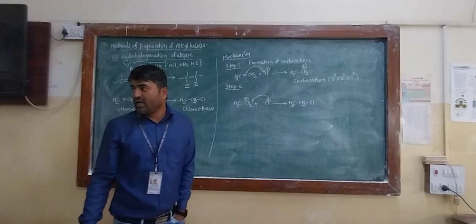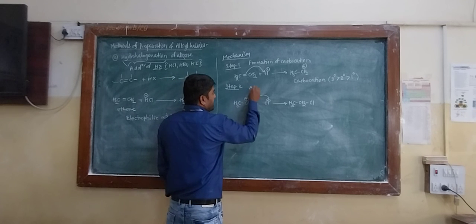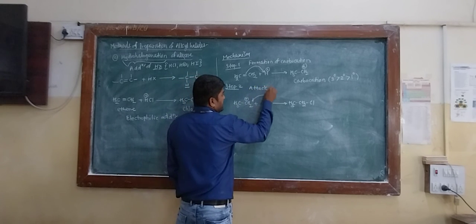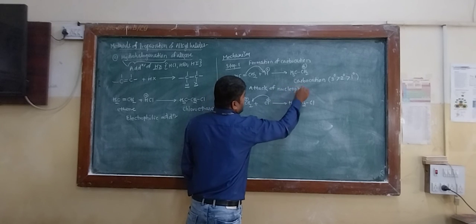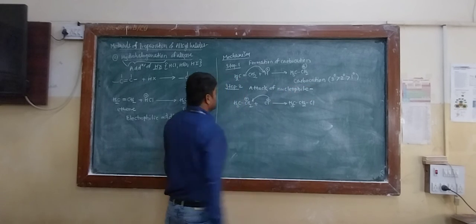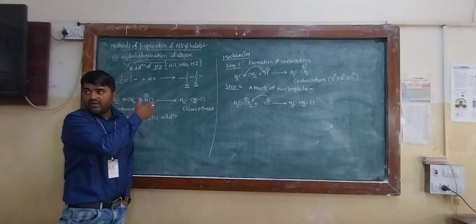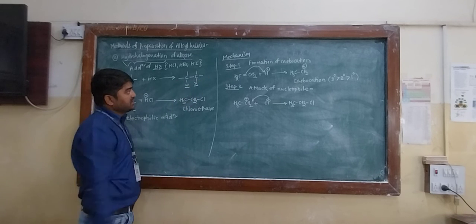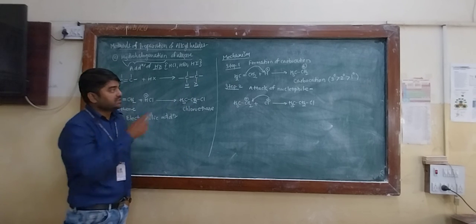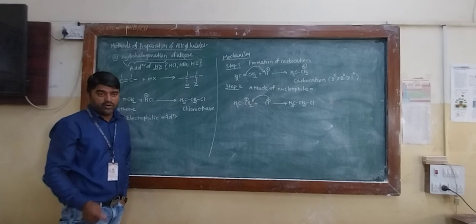So this step is called attack of the nucleophile. Here the nucleophile is Cl-. So this is the addition of hydrogen halide to the alkene, and this mechanism involves two steps. Step 1 is the formation of carbocation and the second one is the attack of the nucleophile.